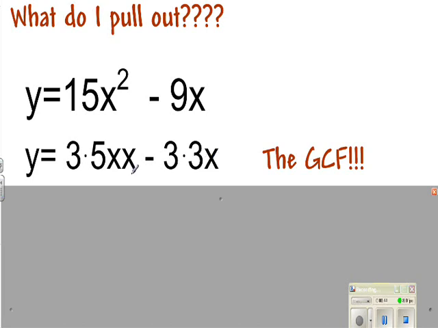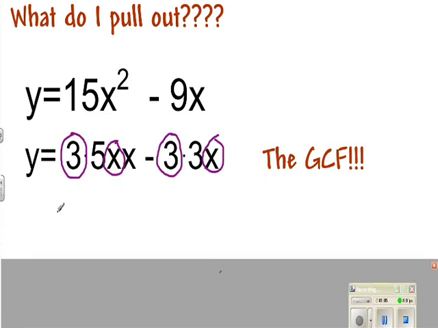Now when you look at these two terms, all prime factored out, it's easy to see they both have 3. And then it's easy to see they both have an x. So that's what you're going to pull out. You're going to pull out the 3x.